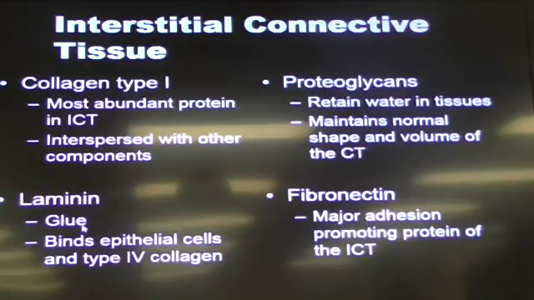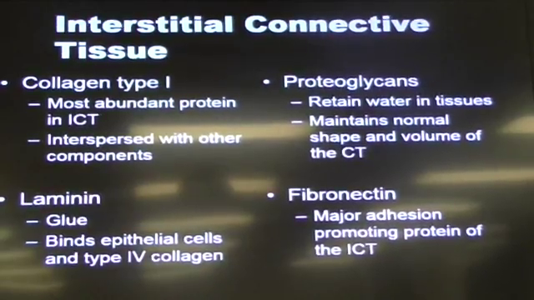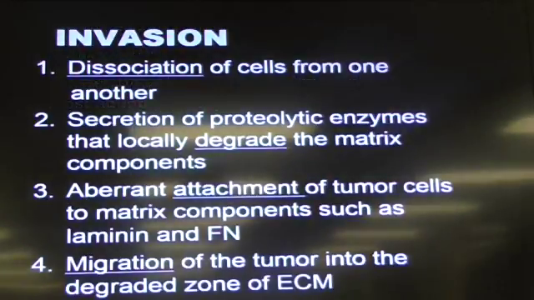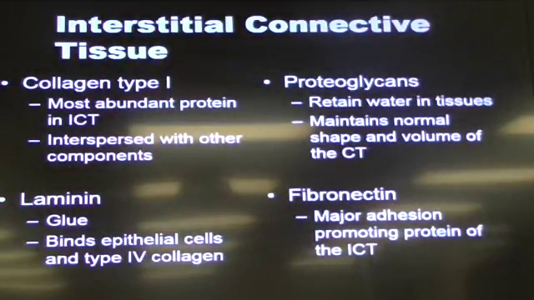This is the glue, quote unquote, that binds the epithelial cells and the type 4 collagen. Proteoglycans retain water in tissues and maintain the normal shape of the connective tissue. It keeps your elasticity in your skin. And fibronectin is the major adhesion promoting protein of the interstitial connective tissue. And we're going to look at each of these things in the flow diagram.